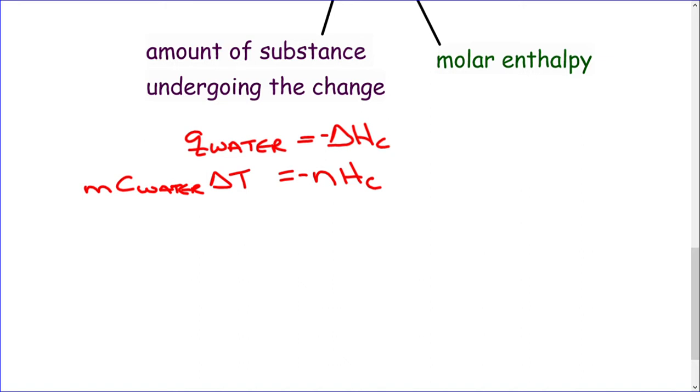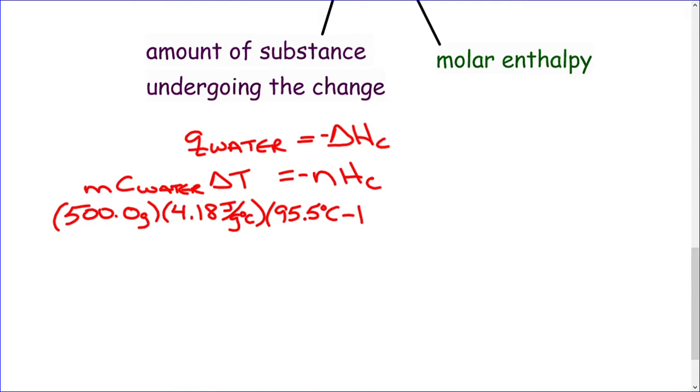So our mass value is 500.0 grams. Our specific heat capacity for water is 4.18 joules per gram degrees Celsius. And our temperature change went from 17.0 to 95.5, so final, 95.5, minus initial, 17.0.